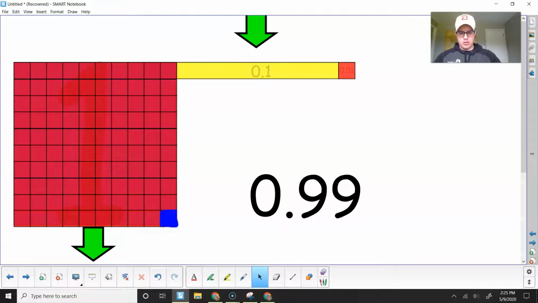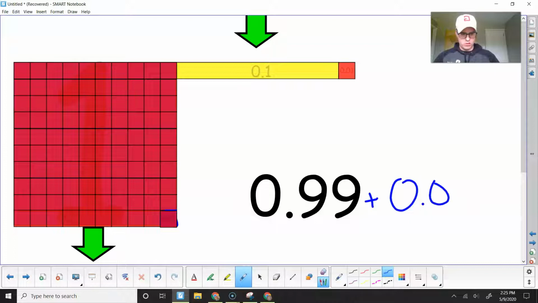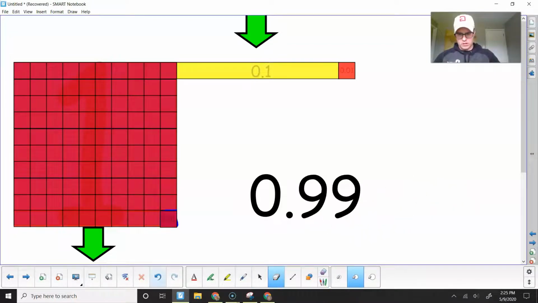Because if you add just one more of these guys, you now have one whole. So 0.99, if you add one more, sorry, I wrote the wrong thing.